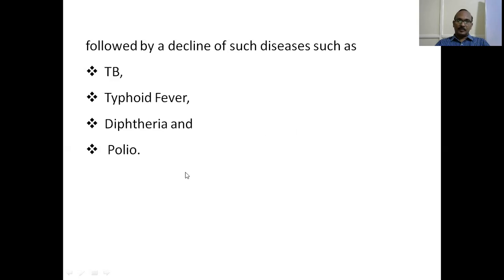Secular trends is what we have studied for various diseases, especially non-communicable diseases, which have shown a rise, and communicable diseases which have shown a decline with the passage of a long period of time. So time trends is a very important question in the university examination.